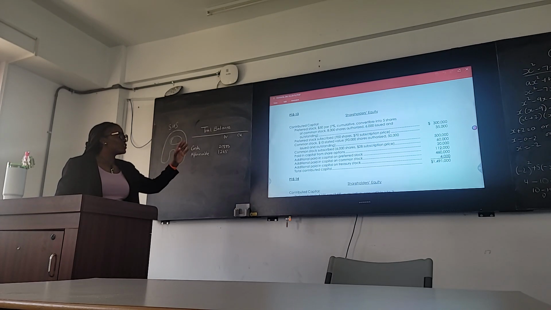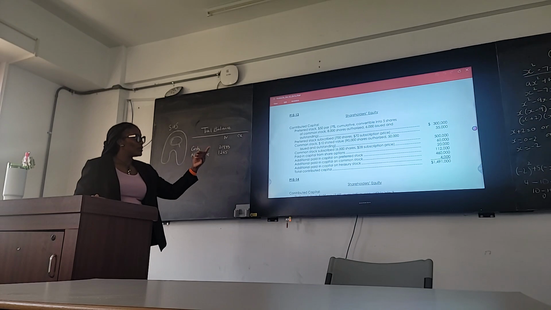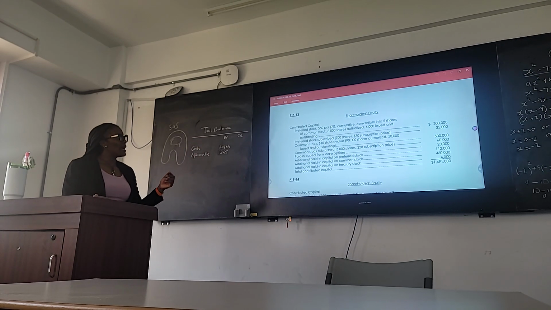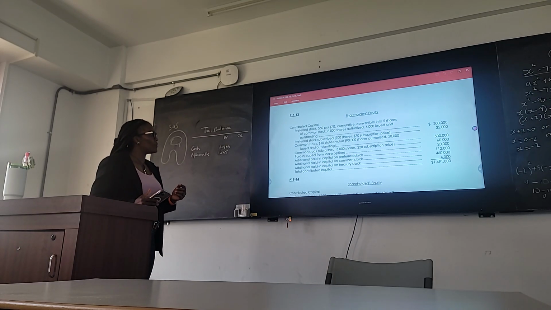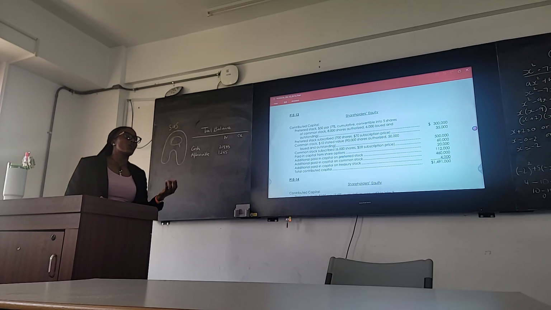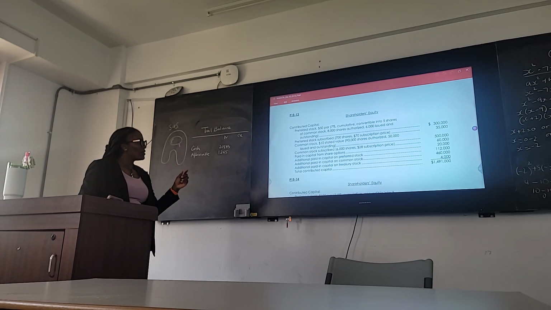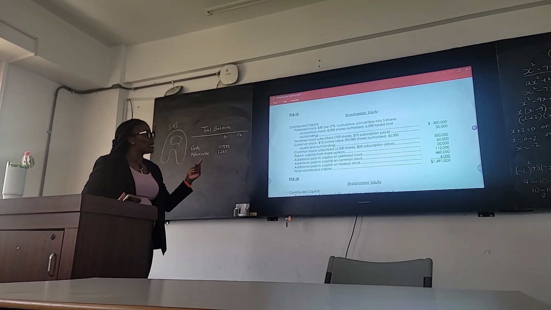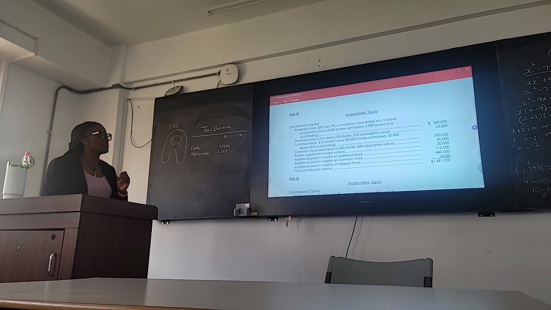So when you go to a balance sheet, you're supposed to see everything that relates to the stock. $50 times 6,000 is 300,000. We also have preferred stock subscribed, 700 shares. 700 times 50 is 35,000, but the subscription price is $70.